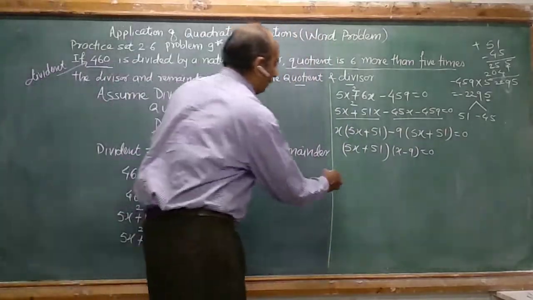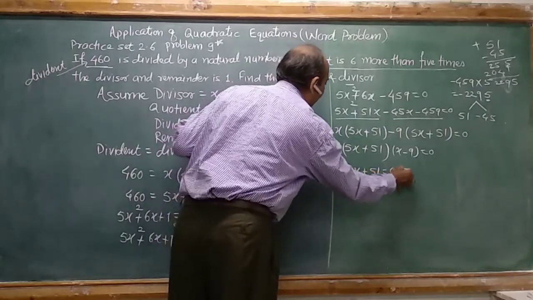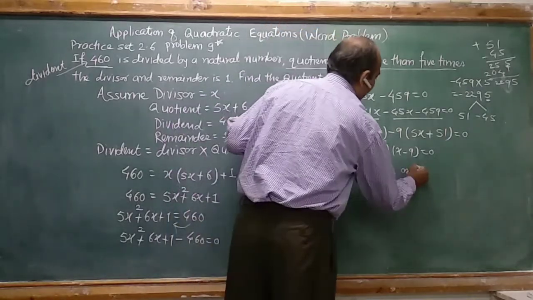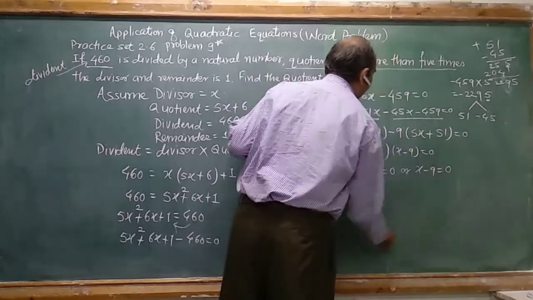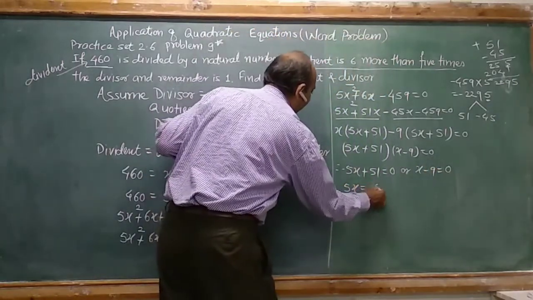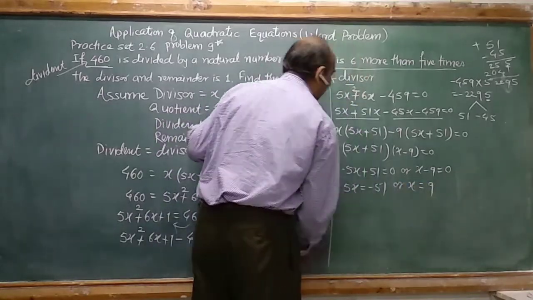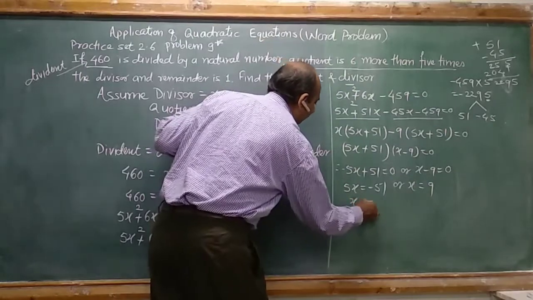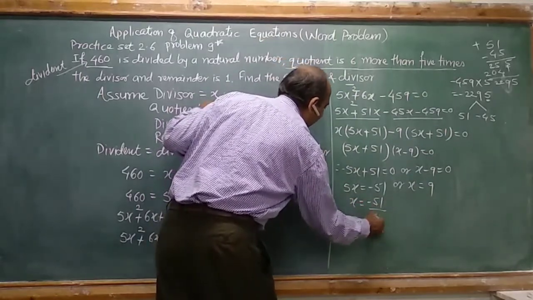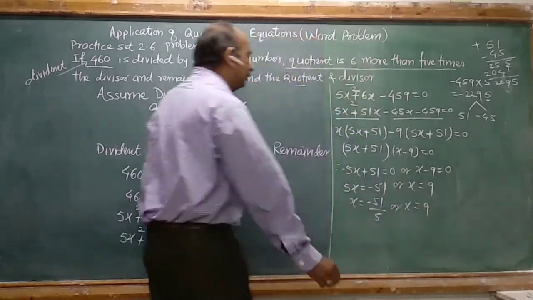Therefore, either 5x plus 51 is equal to 0 or x minus 9 is equal to 0. So 5x is equal to minus 51 or x is equal to 9. So x is equal to minus 51 upon 5 or x is equal to 9.